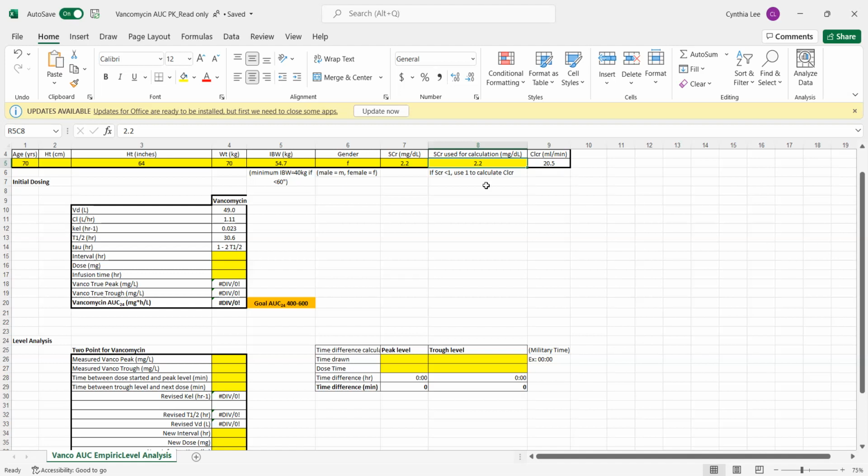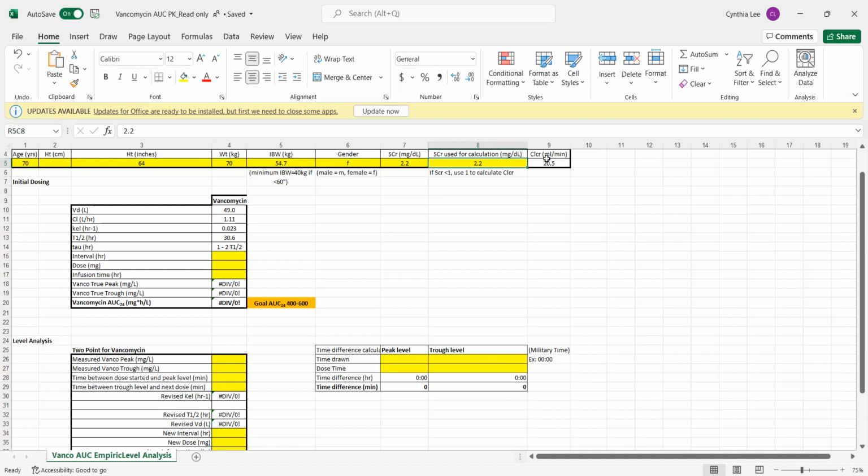For those who are 65 and above, I will usually just use a serum creatinine of 1 because their renal function will automatically decline. We don't want to overdose them and cause adverse events, so we are being more conservative in elderly patients, having it as one. If it's more than one, if they have CKD or AKI, then definitely use the actual serum creatinine.